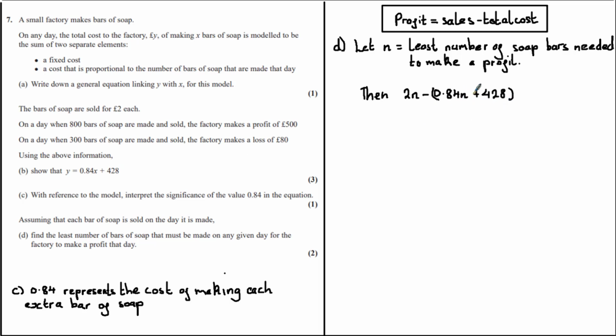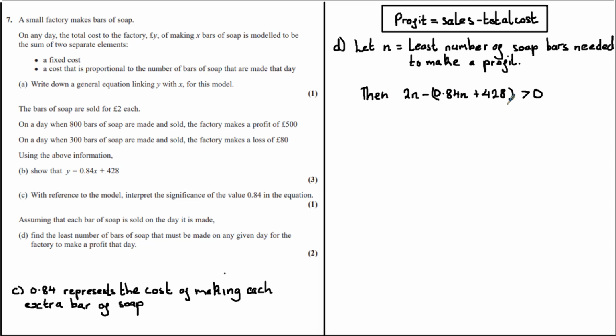The reason being is because it will take n number of bars to make a profit. And in order for this to be a profit, it needs to be greater than 0. Okay? So again, just looking at some keywords, when you see words like least, a technique that you should be thinking of is generally working with inequalities. All right? So now let's work out this value of n that we've just defined.